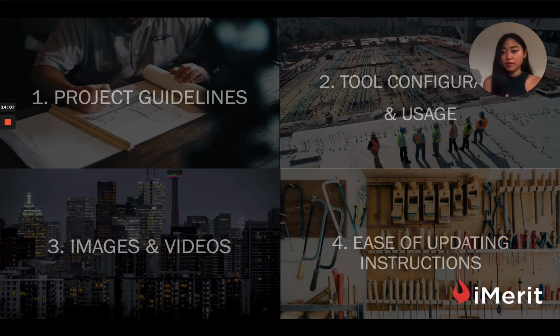So make sure you have a strong project guideline. Basically, you want to be very clear about what is being annotated, what is considered an object that should be annotated. For example, if you want to annotate all vehicles, that's different from annotating just sedans or just vans. So be very clear about what you're trying to capture in your data set.